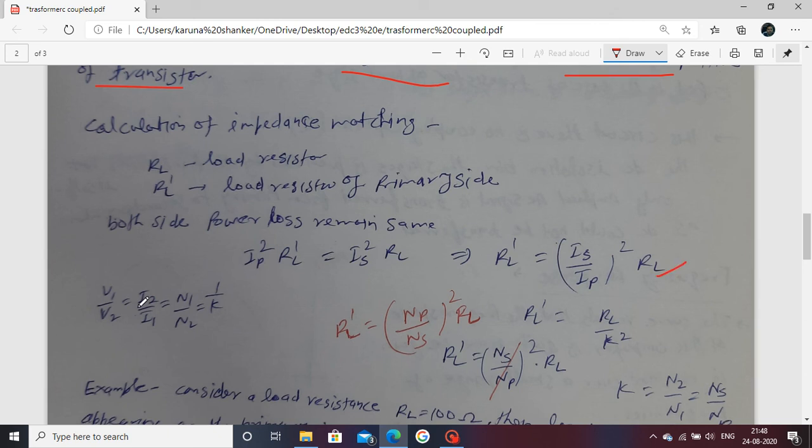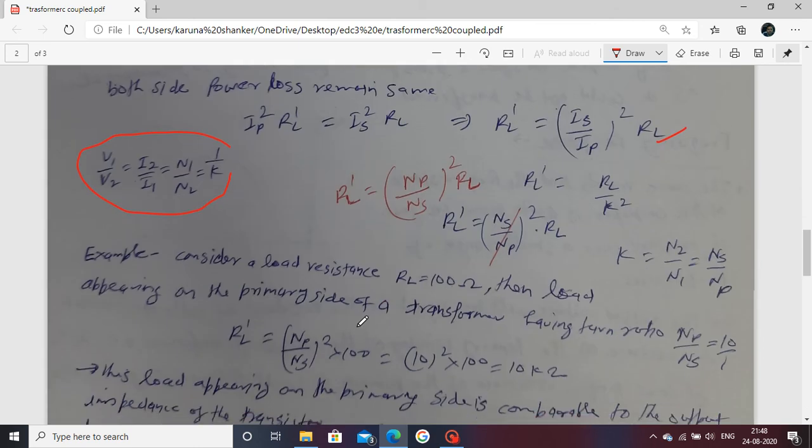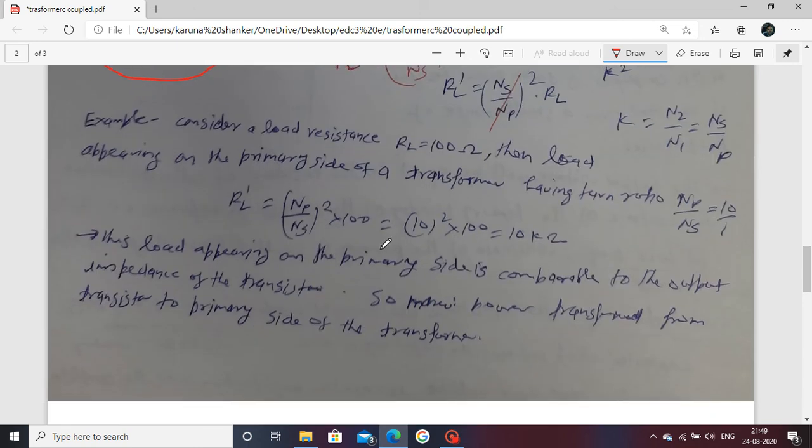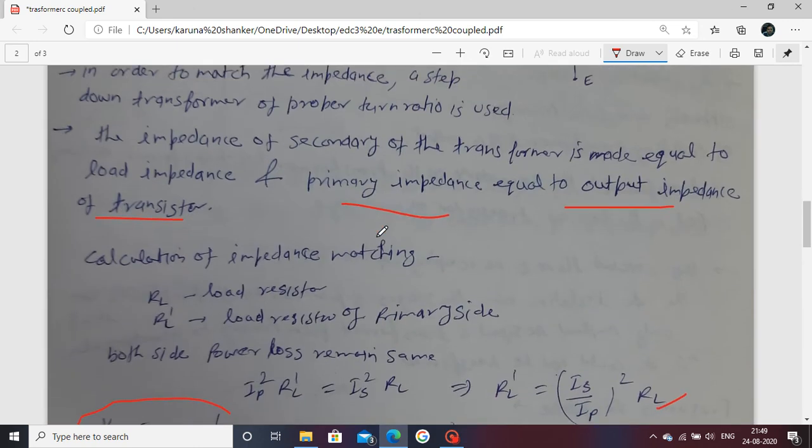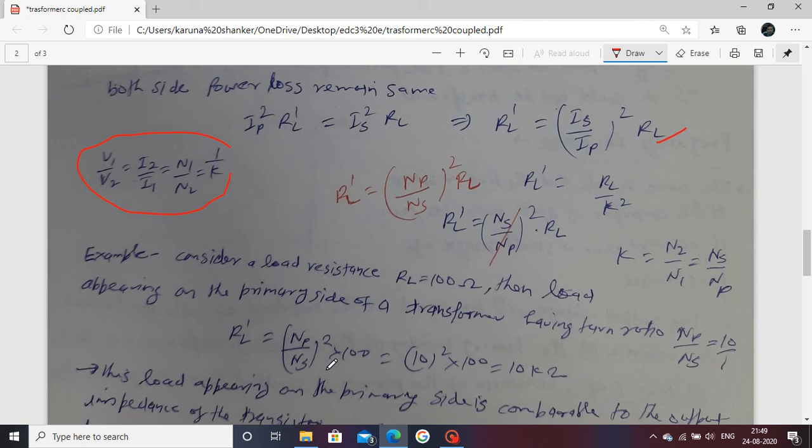This was the relation of the transformer: V1 by V2 equals I2 upon I1 equals N1 upon N2, which is 1 upon K ratio. There is an example written here of how RL dash is calculated if the primary and secondary winding is given and the load is also given.